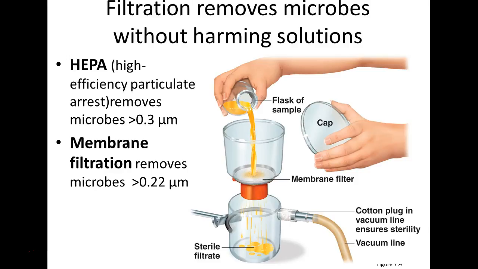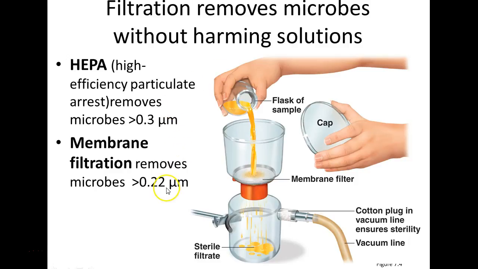And if that's the case, then if the pores of the HEPA filter are smaller, the HEPA filter would remove bacteria. What about viruses? Well, most viruses are smaller than 0.3 microns, so viruses would be able to pass through, whereas bacteria and yeast would not.